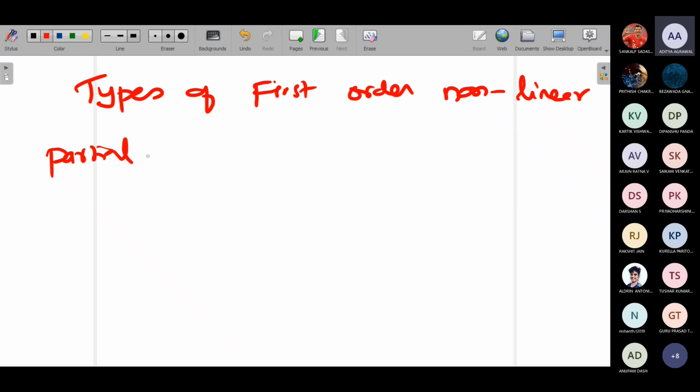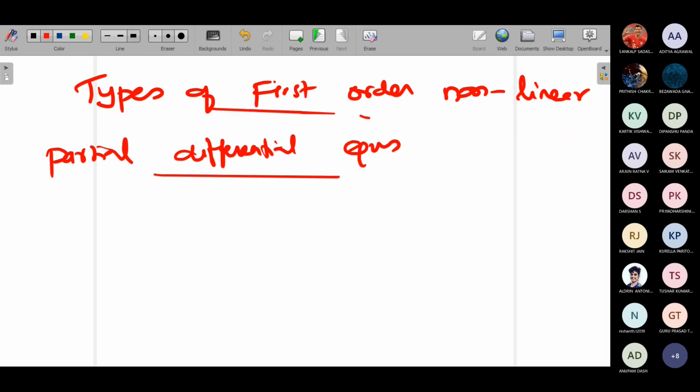Power 1, or power same? Power same will be homogeneous, right? What is homogeneous, linear, non-homogeneous?